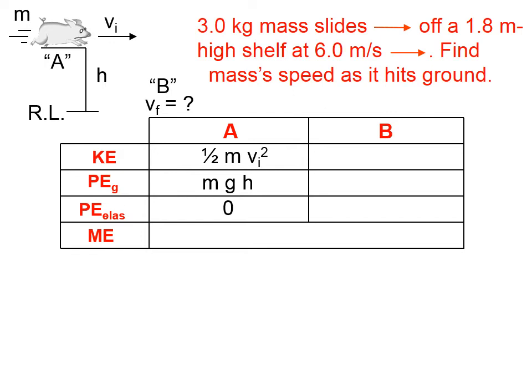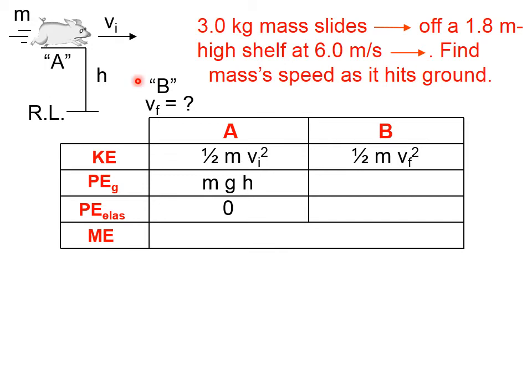Now the piglet is down here in the snapshot B conformation, and at that location he again has kinetic energy, but now he has a final speed instead of an initial speed. So 1/2 times m times vf squared.